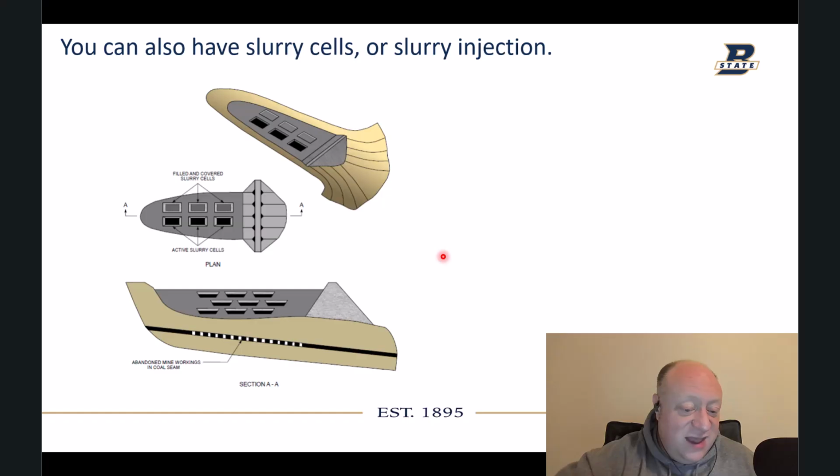And then you can also do slurry injection into abandoned mine workings. It's possible to do that. I've worked at a couple of operations that's what they were doing. You can either do that from the surface, pumping it into the mine from the surface, or what we were actually doing is taking that underground and placing it strategically, to make sure that we fill the entire mine void.